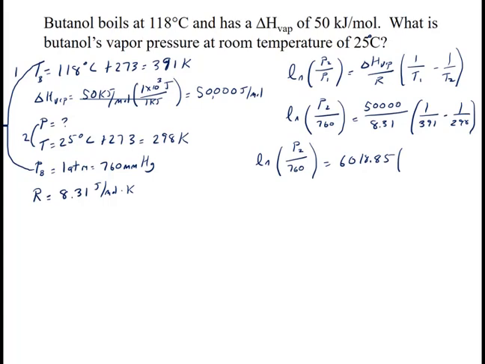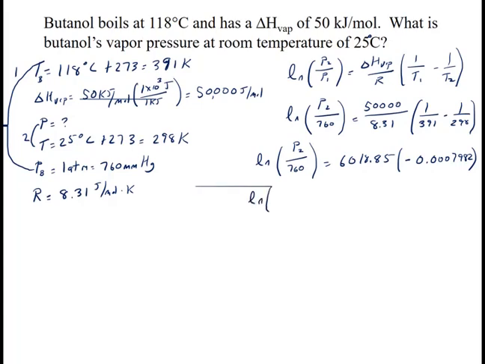And when I do 1 over 391 minus 1 over 298, I get a negative 0.0007982. And I tend to leave these things in my memory on my calculator, or previous answer.